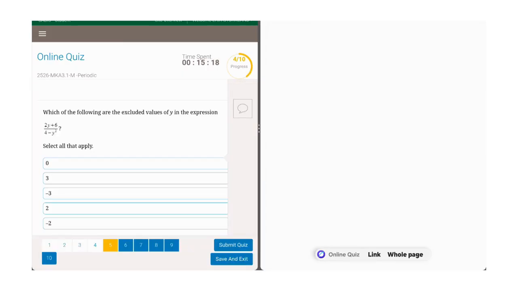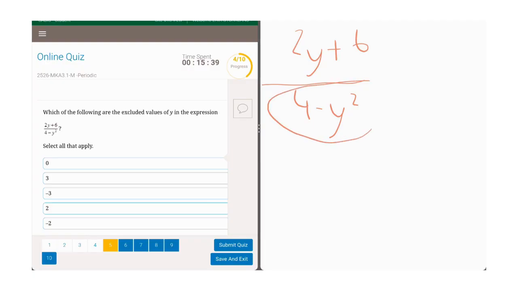For this question, we have to find the excluded values of y in the expression 2y plus 6 over 4 minus y squared. Excluded values of y means the values that make the expression undefined. And so that means we take the bottom, the denominator only, and we factor it. Here we have a difference of two squares. We have 2 squared minus y squared.